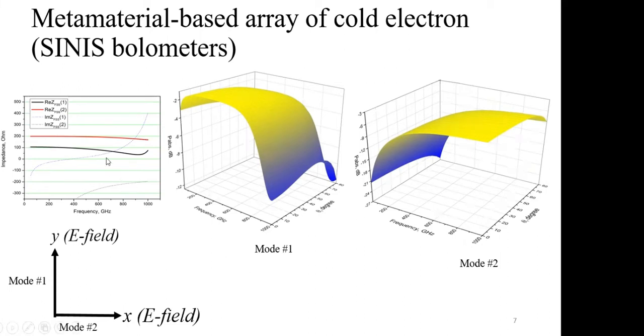As you see, for the absorption and the impedance of each adjacent unit cell, when you have the two wires that I showed you, the capacitance between the two unit cells can be tuned out because of this DC wire. And here the imaginary part of the impedance can be zero.